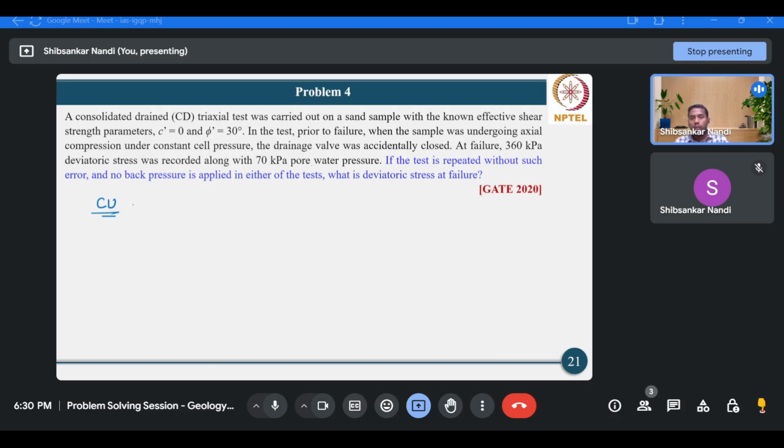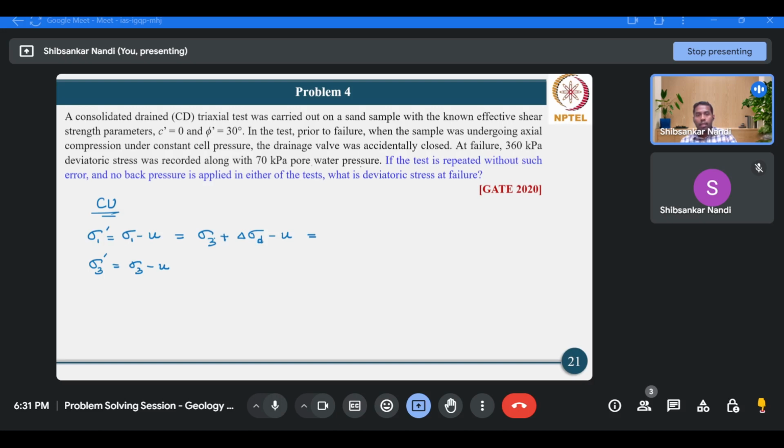So for CU, as you know, sigma 1 prime will be sigma 1 minus U and sigma 3 prime will be sigma 3 minus U. Again sigma 1 you can write as sigma 3 plus delta sigma, minus U. Now sigma 3, that we don't know, that we have to determine from the given data.